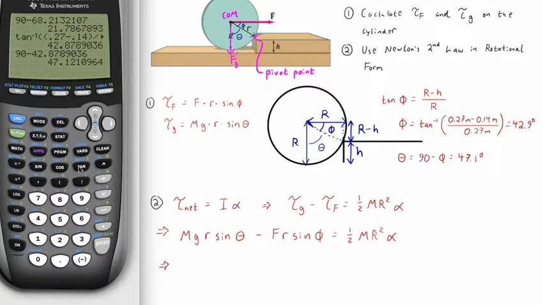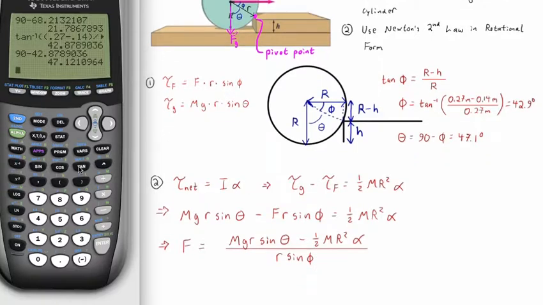So now F is going to equal mgr sine theta minus 1/2 mr squared alpha, all divided by r sine phi. We'll plug in values here.